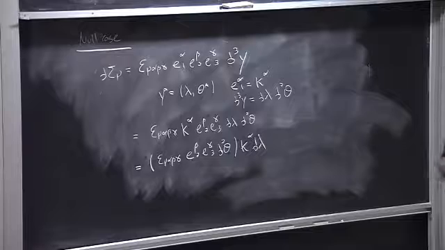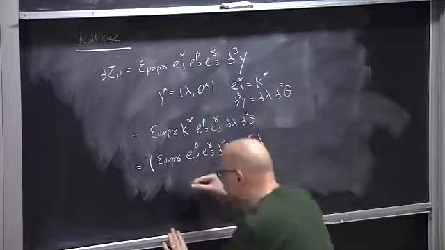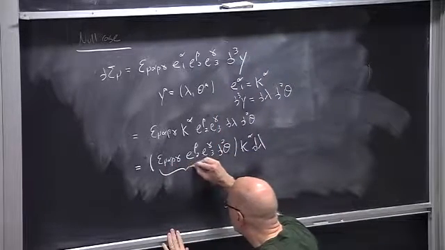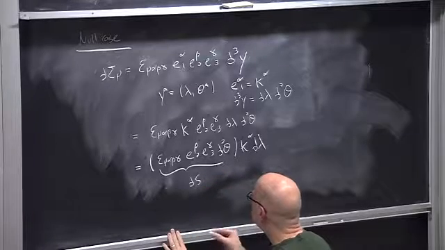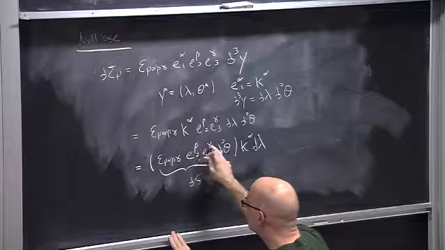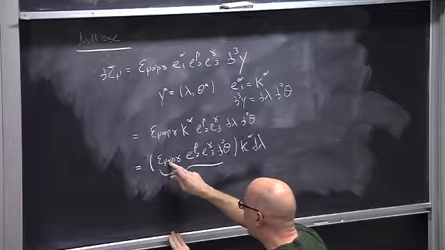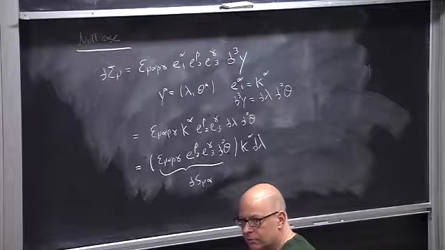I'm just going to rewrite it as that. And I'll just introduce a notation for all of this. I've contracted two of the indices, but I left mu and alpha free. So I'm going to write it as that.